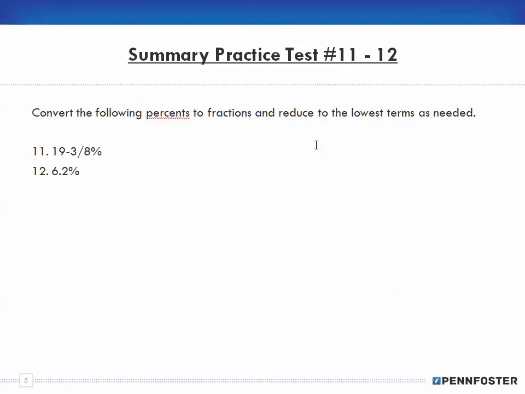Okay, problems 11 and 12. Convert the following percents to fractions and reduce to the lowest terms as necessary. Okay, so I have 19 3/8 of a percent. 19 3/8%.